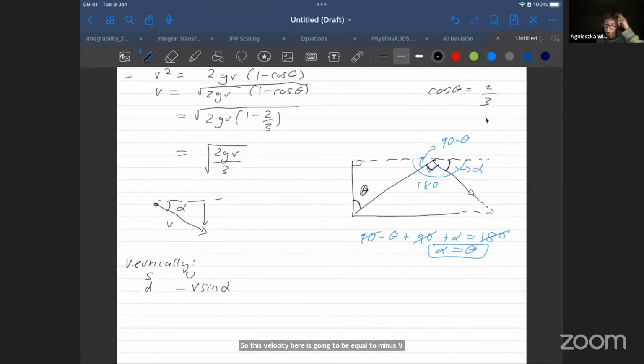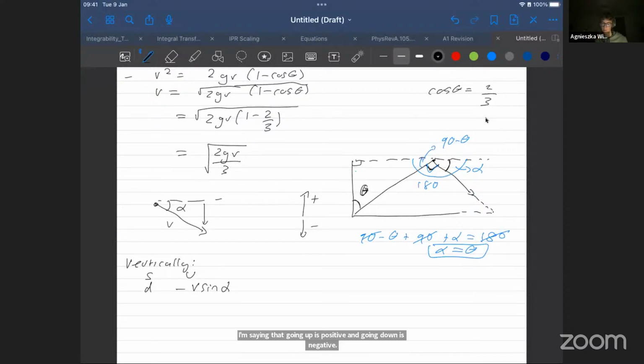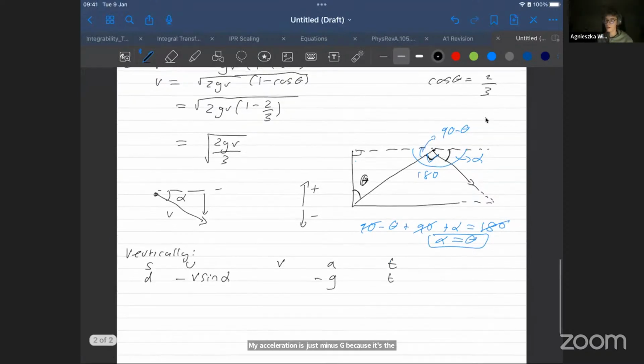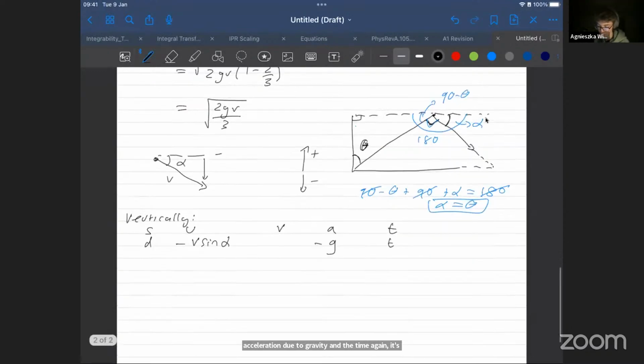I said minus because I'm saying that going up is positive and going down is negative. You could obviously say that going down is positive and going up is negative as long as you stick to it. Then my final velocity, I don't care about. My acceleration is just minus g because it's the acceleration due to gravity. And the time, again, I will need, but for now I don't know what it is.